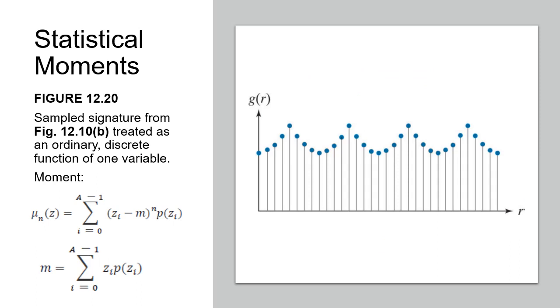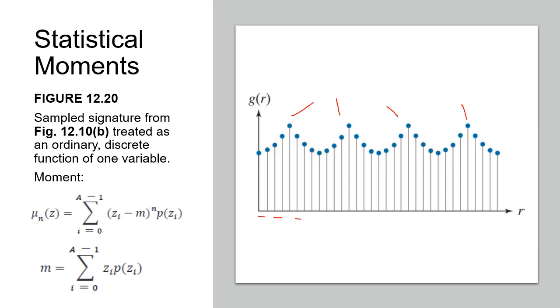Now, we are going back to the signature that we have discussed before. This is the signature of a square. It has 4 peaks here, there, there, and there. Now we resample this signature in discrete points. Okay, so we have discrete points like that.